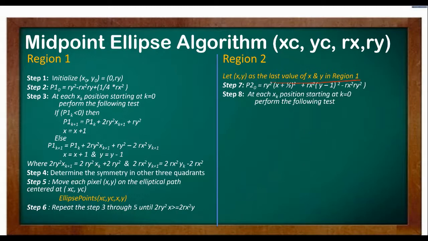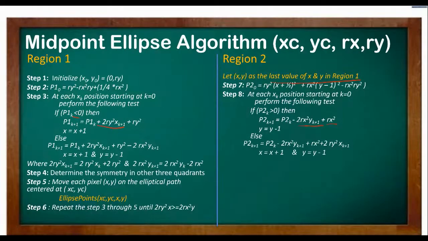Then this is the iteration statement. My less than is replaced by greater than symbol, and p2k plus 1 is equal to p2k minus 2 rx square yk plus 1 plus rx square. Ry square is replaced by rx square, and y is equal to y minus 1. Else p2k plus 1 is equal to p2k minus.